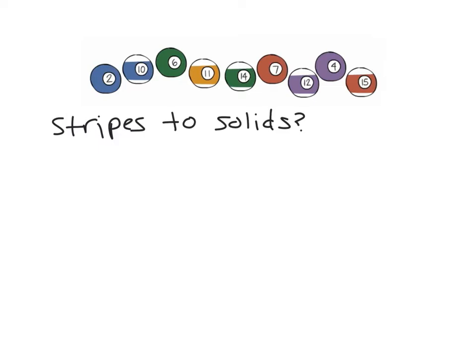The first number of balls I'm going to count are the stripes, because that has to go first in the ratio. So if I count striped balls, I have 1, 2, 3, 4, 5. So I can say 5 stripes. Let's count how many solids. 1, 2, 3, 4 solids. So I can write 5 stripes to 4 solids.